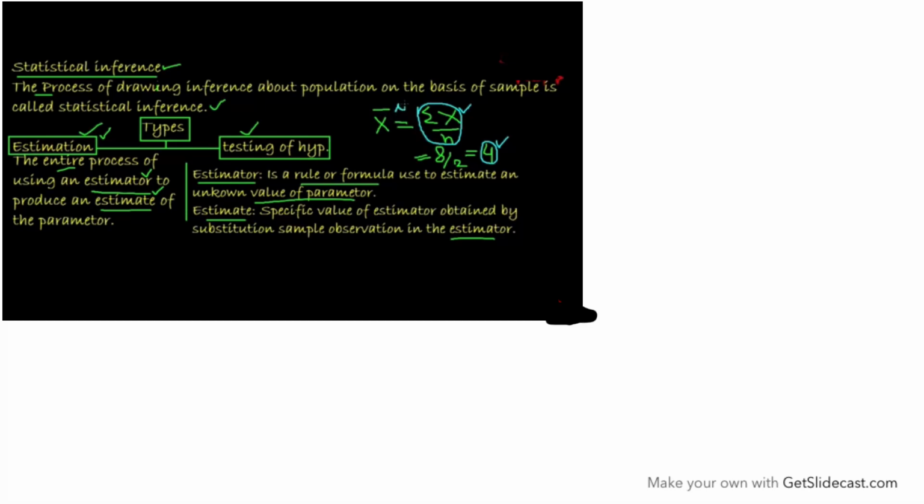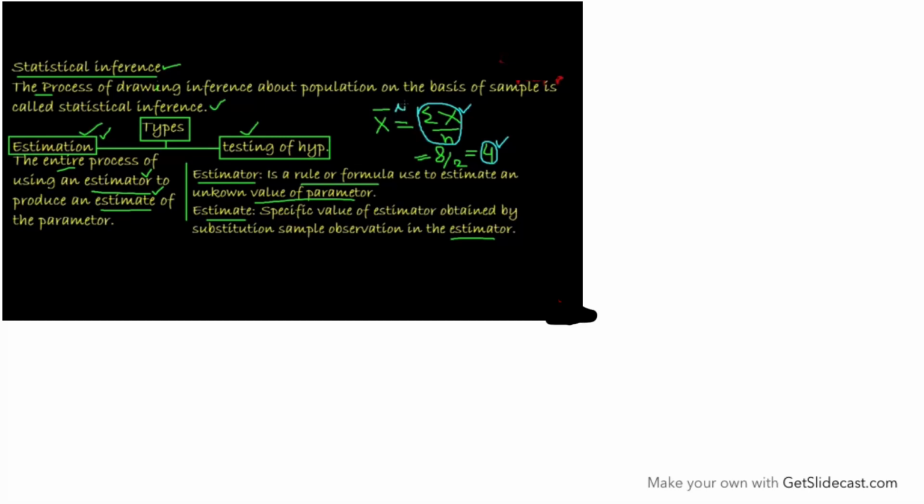Estimation is the entire process of using an estimator to produce an estimate of the parameter, while testing is the rule or formula used to estimate an unknown value of parameters. I will come back to the reason for the test of hypothesis.